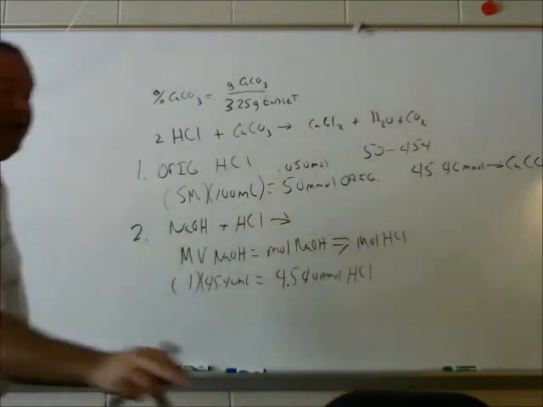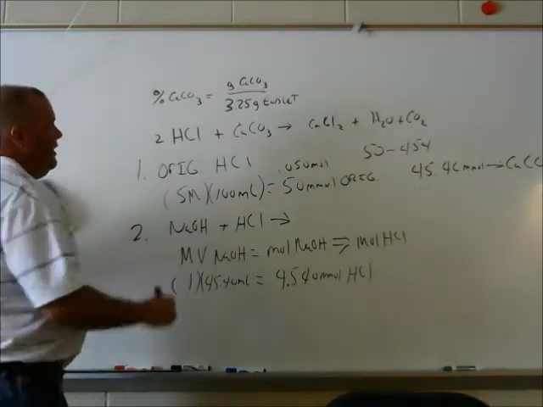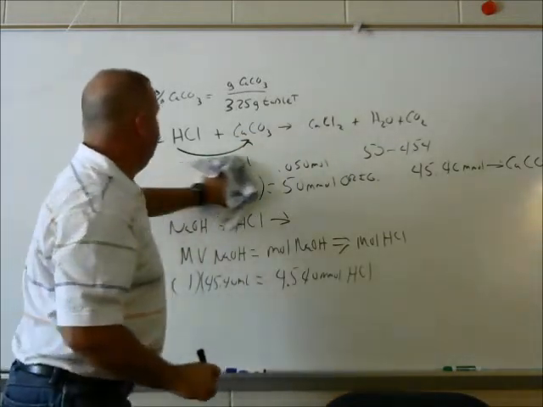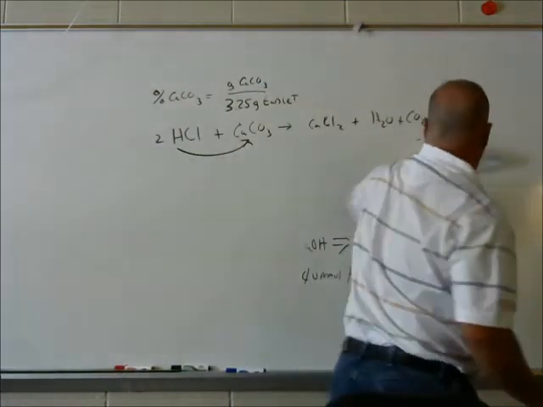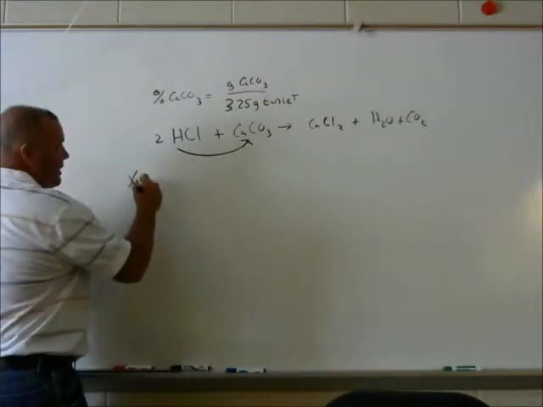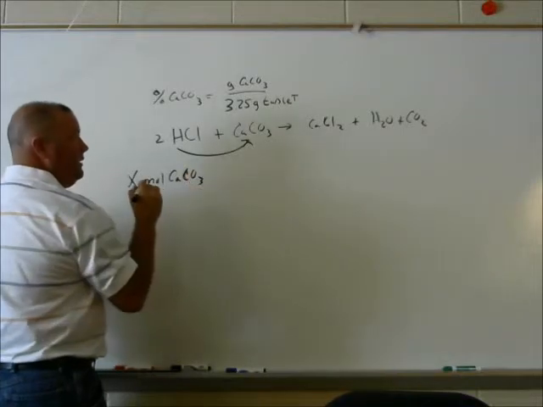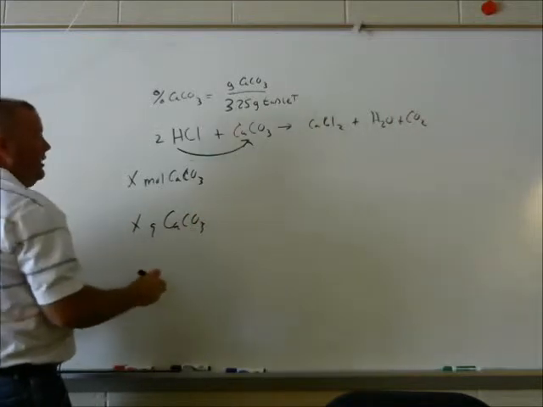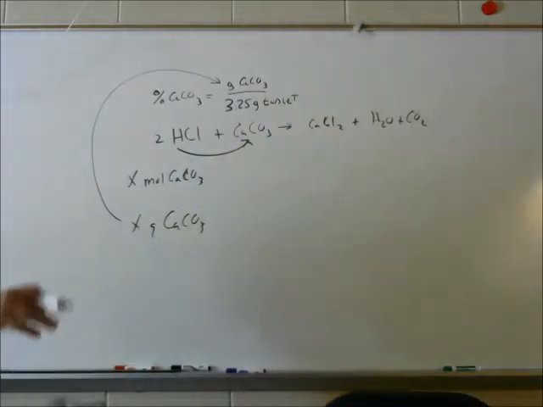So now, I know how much HCl there was, and I should be able to determine then from the HCl how much calcium carbonate was in my original sample. Now I just have to say, well, how many moles of calcium carbonate were in my tablet, and then how many grams of calcium carbonate that's equal to, because I need grams of calcium carbonate in order to determine that original mass percent.